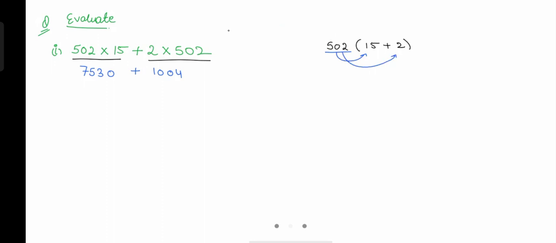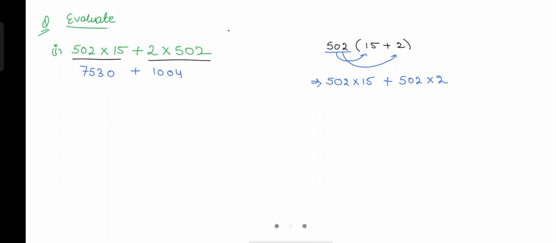In that case, I am technically doing this, that is 502 multiplied by 15, and as I was placing a plus sign in between, a plus sign, and then 502 multiplied by 2 again. If you look at this equation and if you look at the question which is being provided, this is exactly the same.